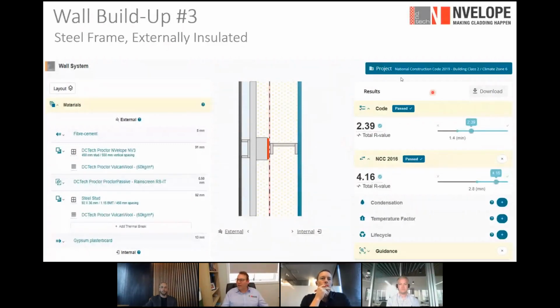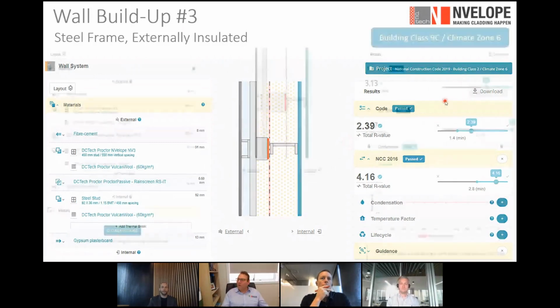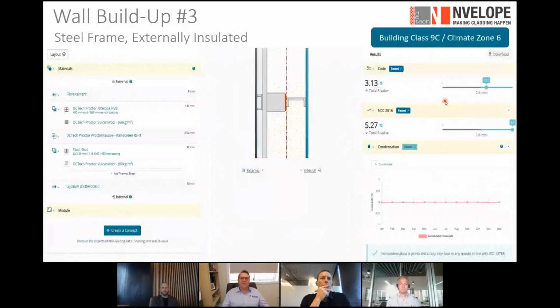In class 2, we have a 1.4 minimum in this climate zone. I've now modeled this on, say, a class 9C building, which would be an aged care facility in Melbourne. And you've gone from a 1.4 minimum requirement right up to a 2.8. So now even the previous wall I showed you would struggle in this situation.